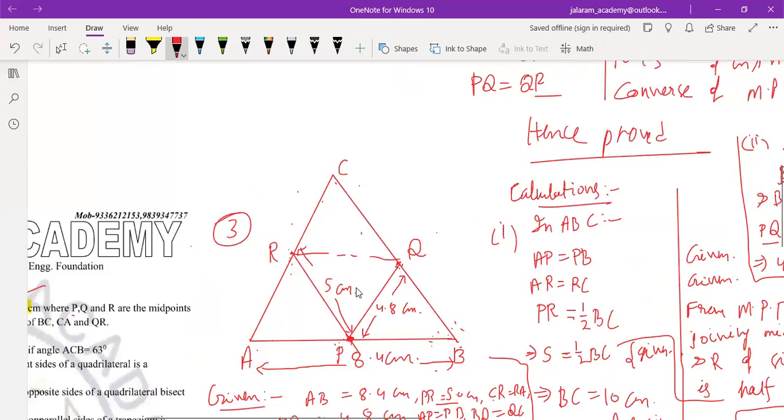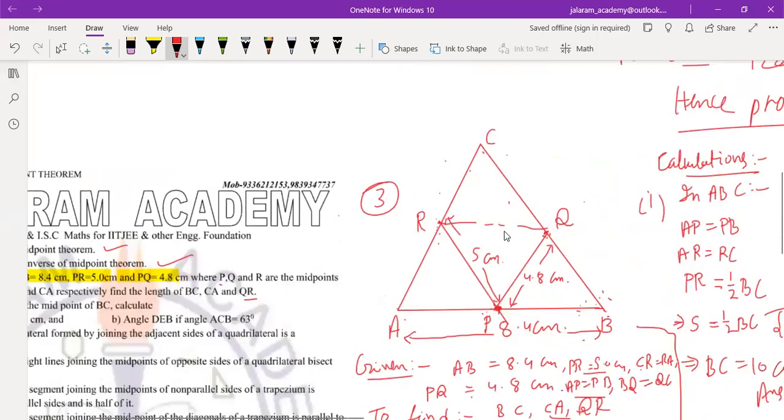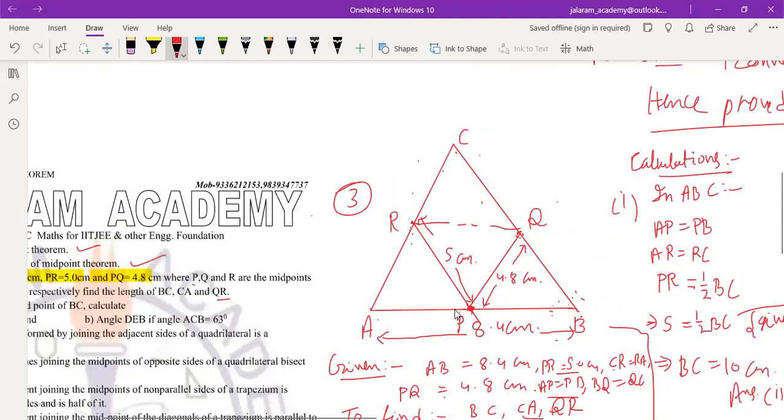QR is also joined, and in the third part, we have to find QR only, and it can be parallel to AB. So AB must be the third side. This time we will use triangle CAB. I am writing in this place. In triangle CAB, CR equals RA, given that R is the midpoint of CA. Okay. CQ equals QB. This is also given. So what will be the conclusion?